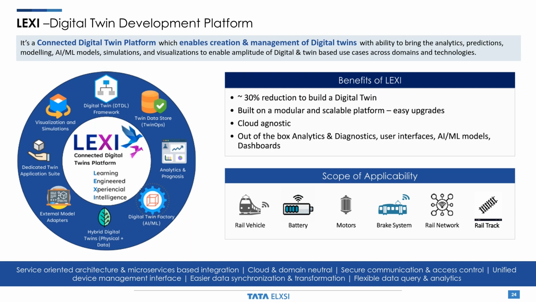It also has a suite of visualization features with various representations, which enables easy communication of the value of the digital twin to stakeholders and shows the performance of the digital twin of the system. Various data analytics and prognostics are also available out of the box to develop predictive maintenance solutions. LeXi also provides the framework to create various what-if scenarios for simulation to check the response of the digital twin.